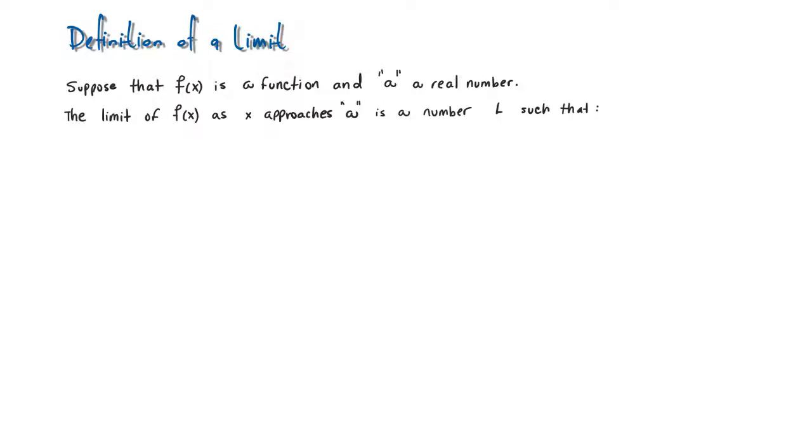A can be any real number. The limit of f of x as x approaches a, and this is exactly what we are trying to define right here, is a number L such that the following is true.